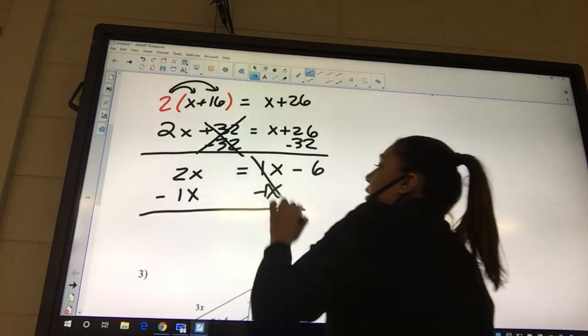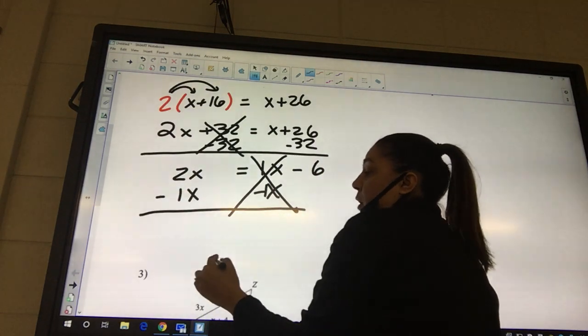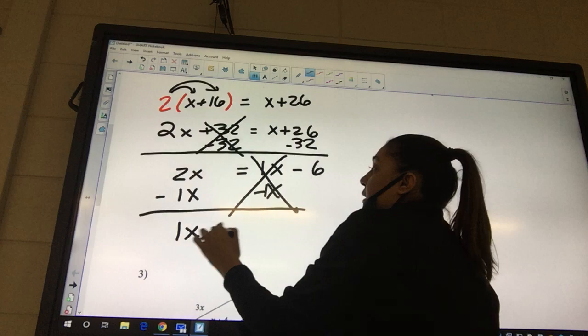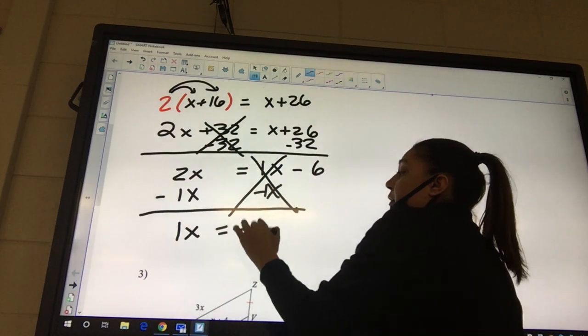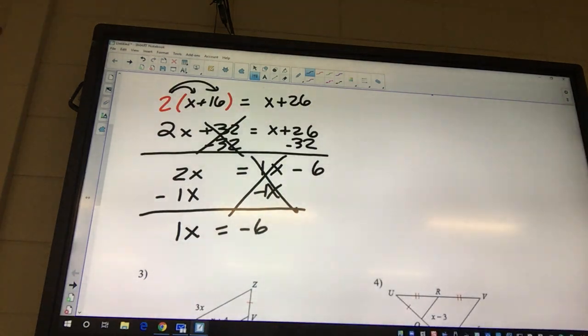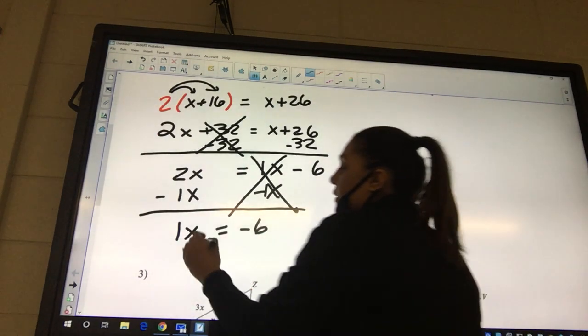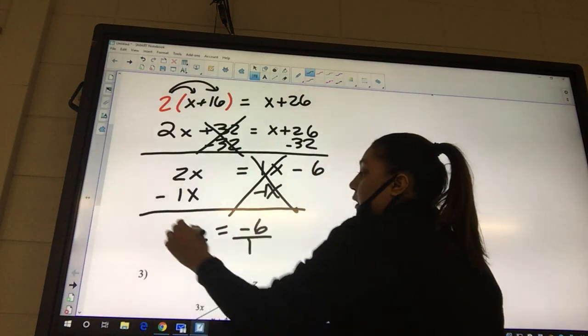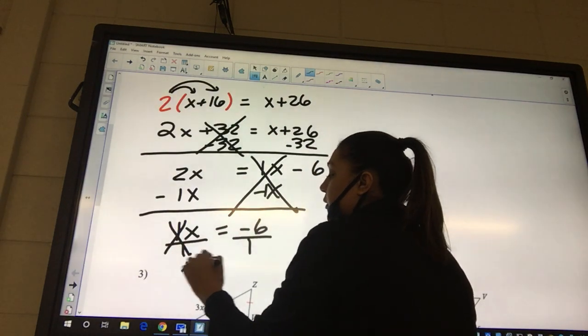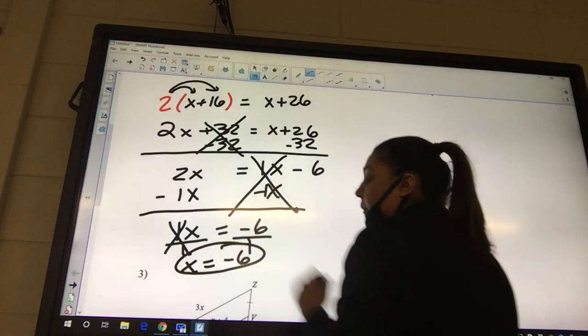And so these ones cancel, and so 2 minus 1, 1x equals, and over here I got a negative 6. What's your last step always? Divide. Okay, 1 does not change anything, but I would just get in the habit of doing it. Divide by 1. So over here we're left with x equals negative 6.